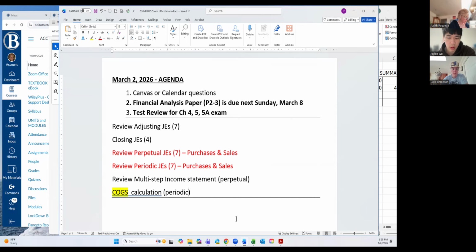I don't think so. Chapter 5, we did do ratios. We did gross margin. You guys remember how to calculate that? It's net sales minus cost of goods sold is gross margin, also called gross profit.